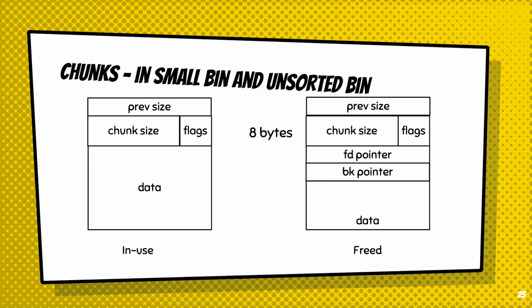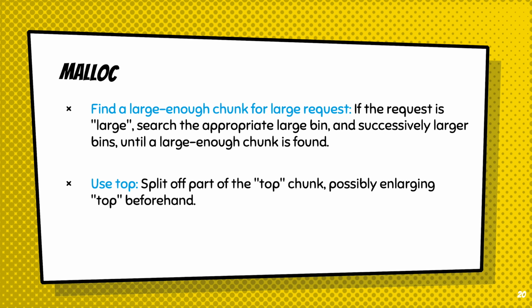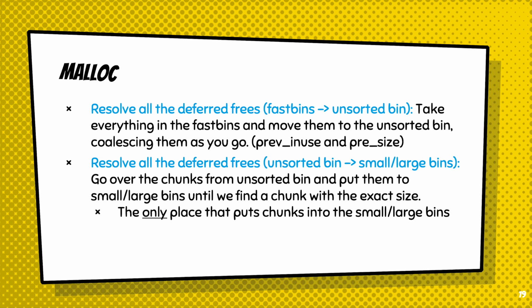Then for small bin and for unsorted bin, the difference is even bigger. Besides storing the forward pointer, which always points to the start of the chunk, it now uses the first 8 bytes to store the previous chunk's size. Remember that. Now let's go back to malloc. In malloc, we need to use prev in use and prev size.